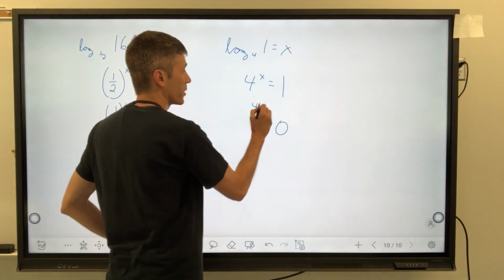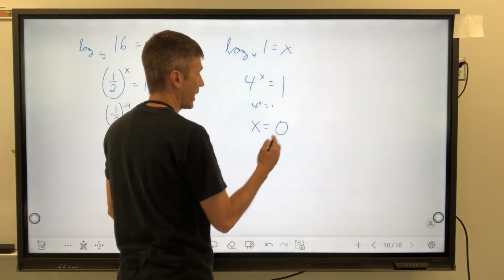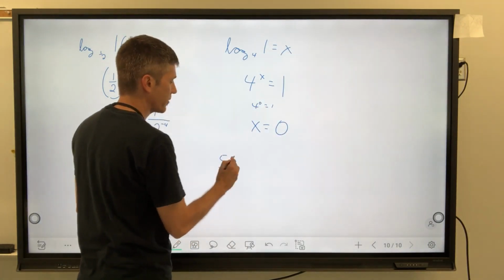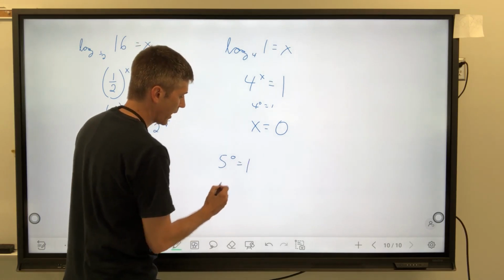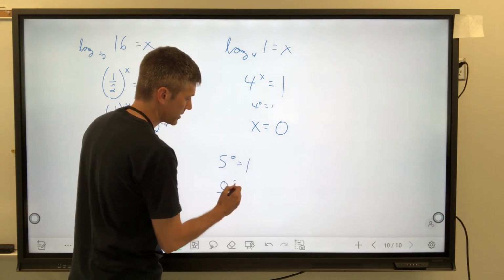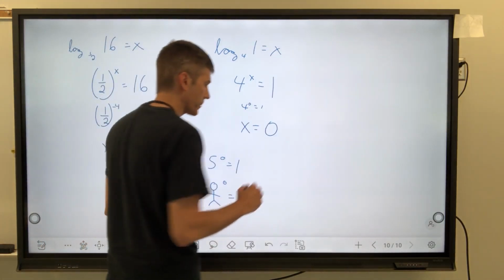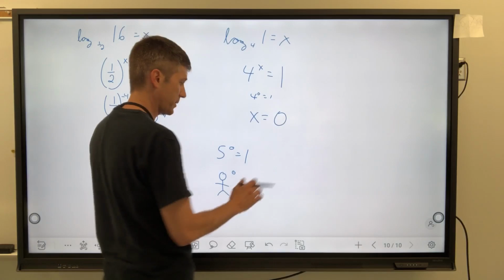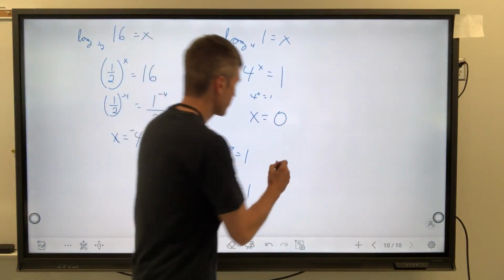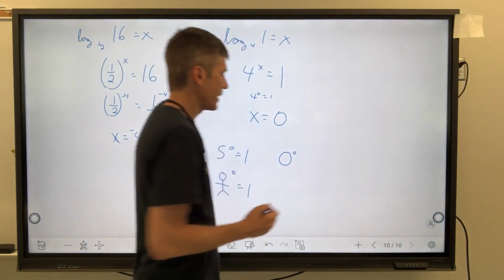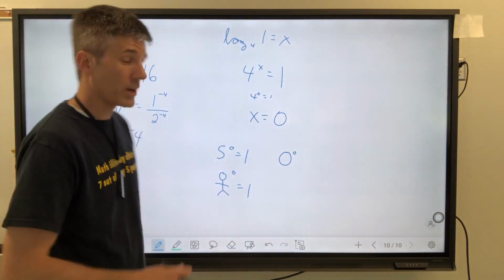So if I had 4 to the 0 power, I'd get 1. If I had 5 to the 0 power, I'd get 1. If I had stickman to the 0 power, I'd get 1. As long as, now we get tricky, you don't have to know all this. This is not going to be something that you're assessed on right now. 0 to the 0 power is indeterminate. So we don't know what it is.